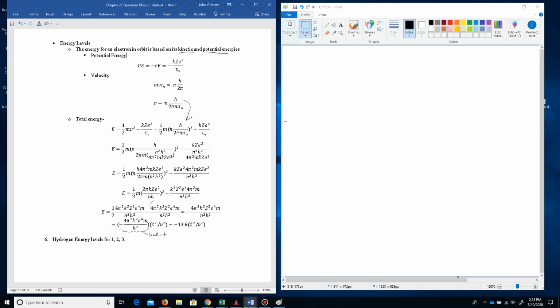All this comes to negative 13.6 Z squared over n squared. And this works for the hydrogen levels of 1, 2, and 3 within this total energy, looking at it in this way.